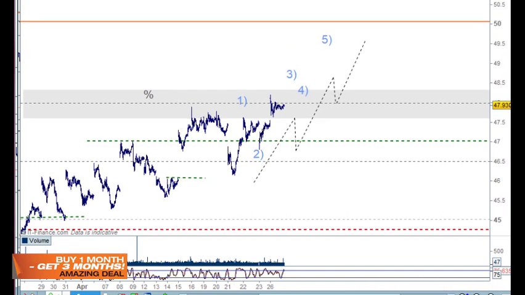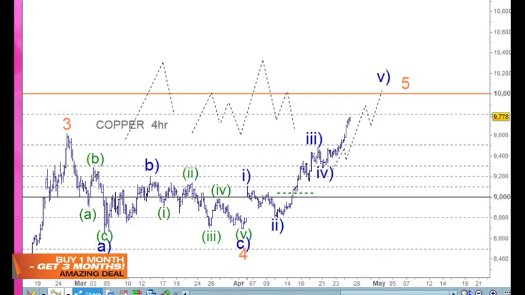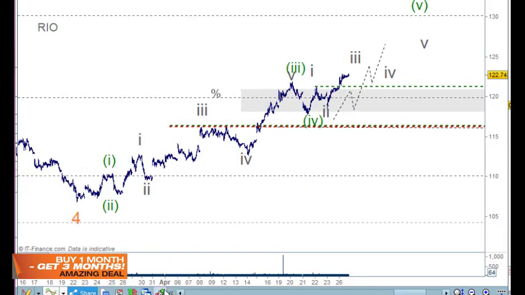If we look at Rio, sorry, mine's drifting. So with Rio here, I've just tried to put a bit of a count to it. I probably have to adjust it, so don't throw things at me.